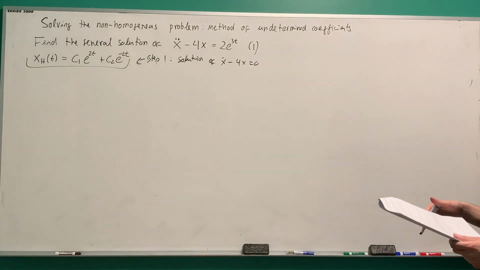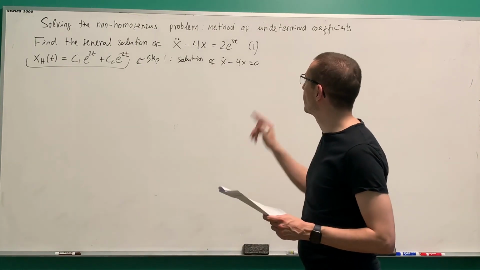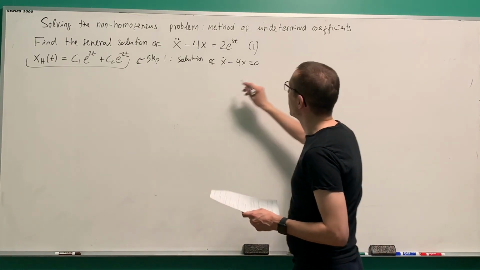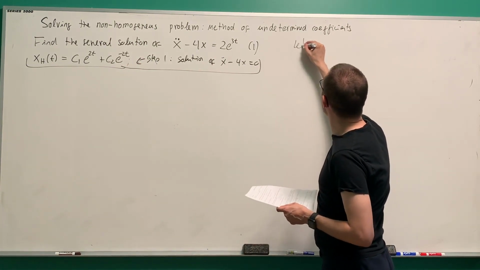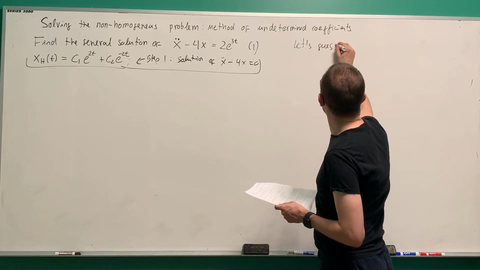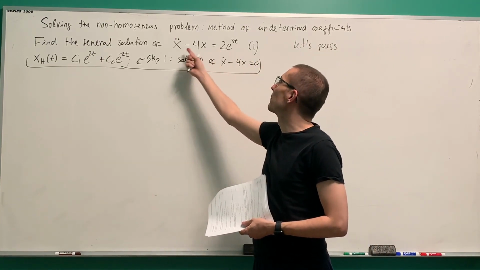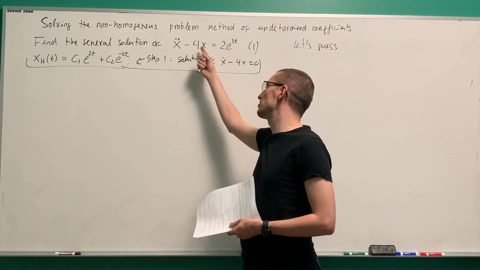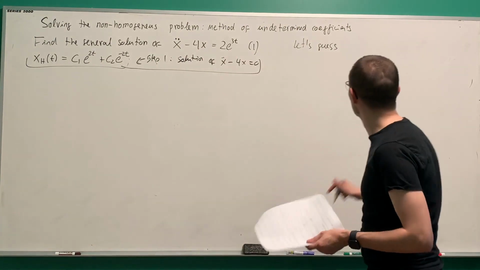Now, we have to make a guess for the particular solution. Let's just store this and then let's guess according to our algorithm. Look, if this is an exponential here, derivatives of exponentials are exponentials, it makes sense that the guess should have exponential form.